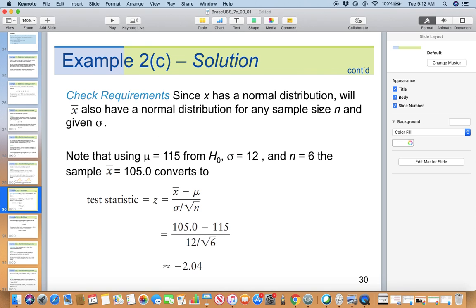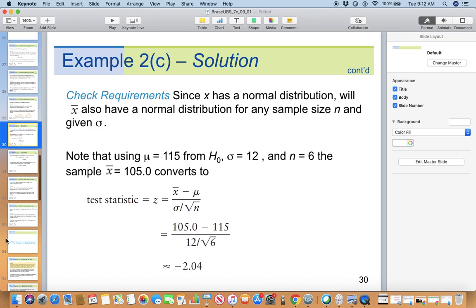Since x has a normal distribution, x bar also has a normal distribution for any sample size n and given sigma. So mu is 115, sigma is 12, n is 6. So x bar equals 105 converts to standardized score negative 2.04.